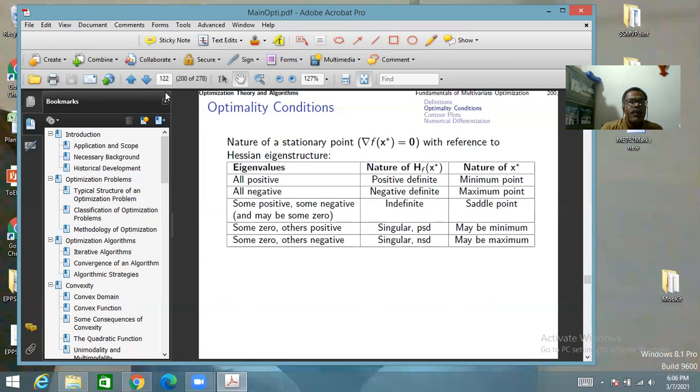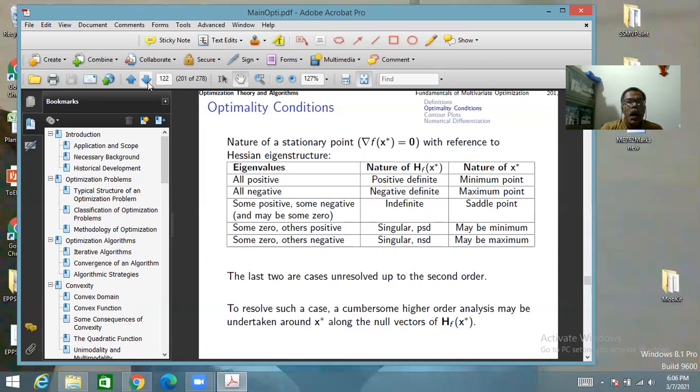Now, in these two situations, we cannot resolve it within second order analysis.